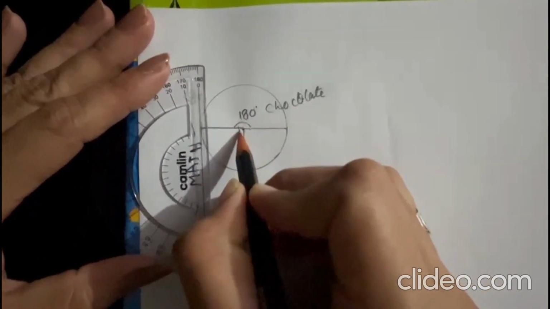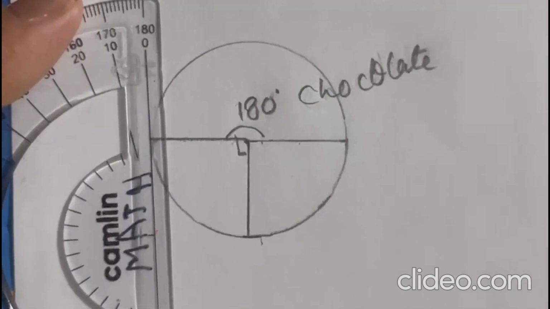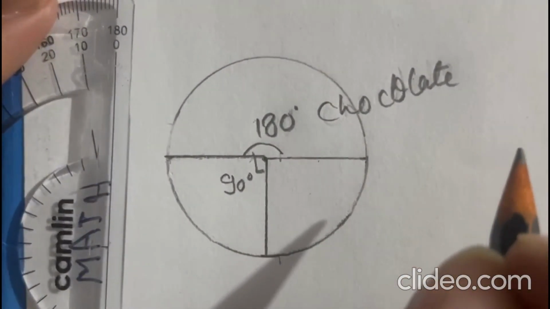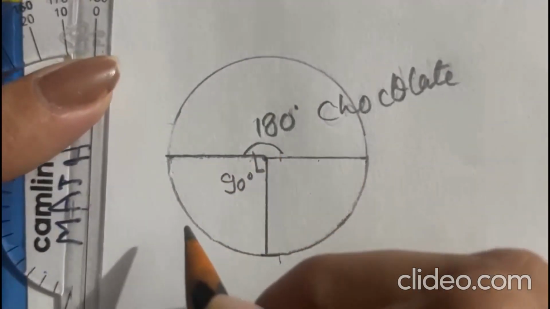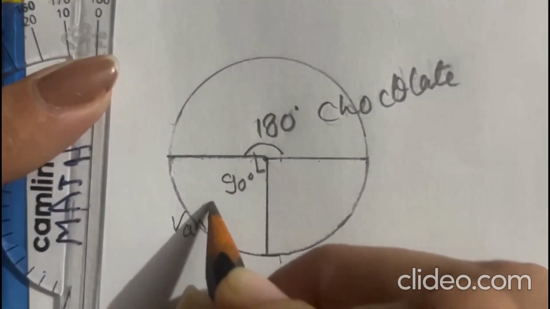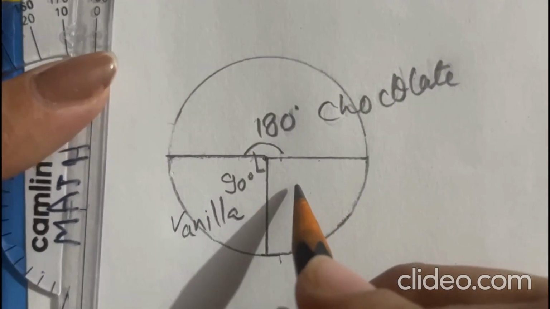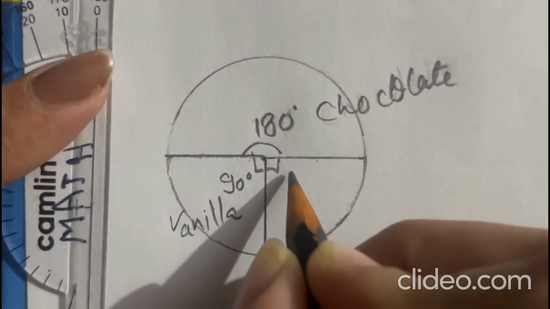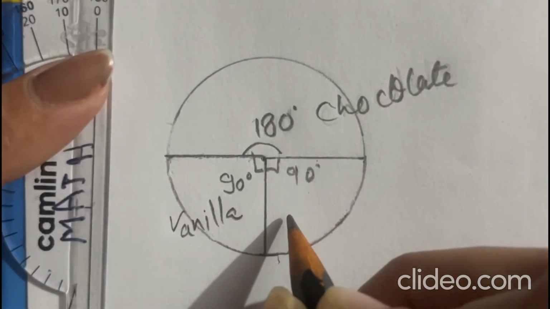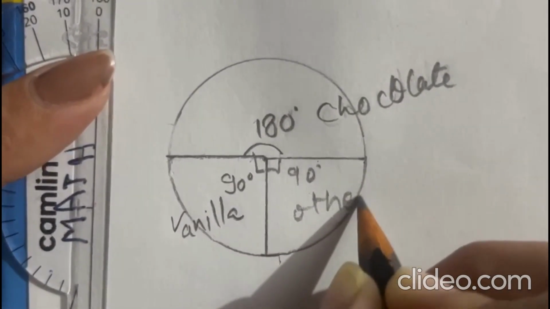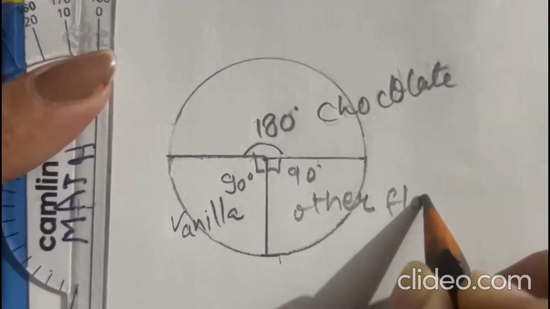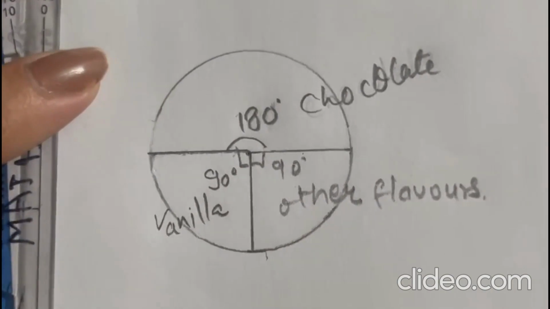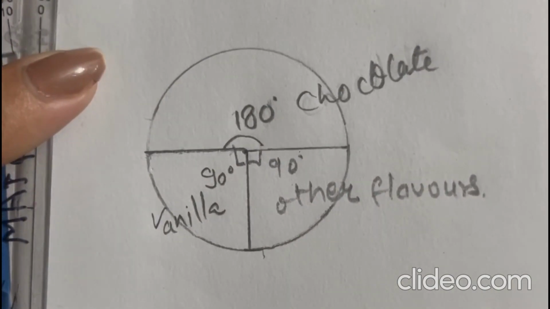So now this is 90 degrees, and this is the portion of vanilla. Now the rest, 90 degrees, is the portion of other flavors. So like this we draw a pie chart.